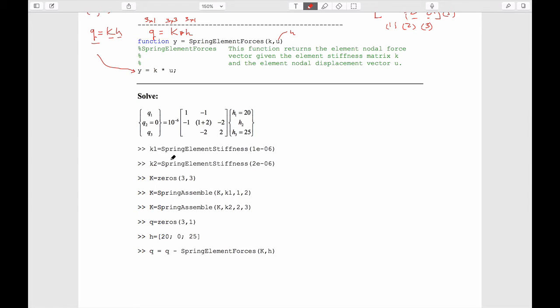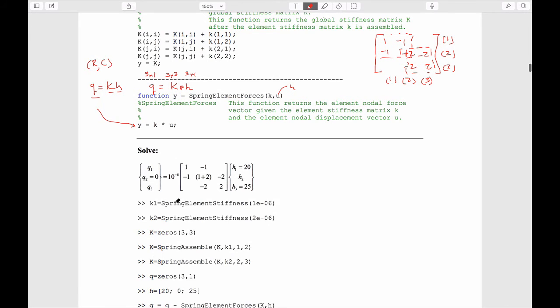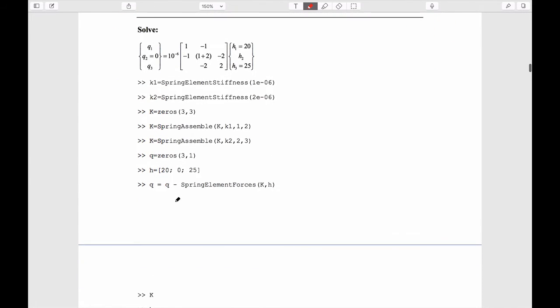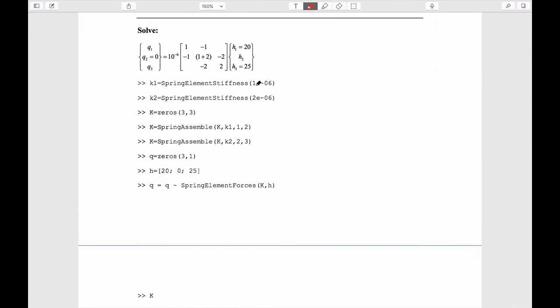So this would take this stiffness matrix. I guess I'll keep it up at the top. So if we take this, just to remind you of this geometry, 1, 2, 3. These are the global numbers.